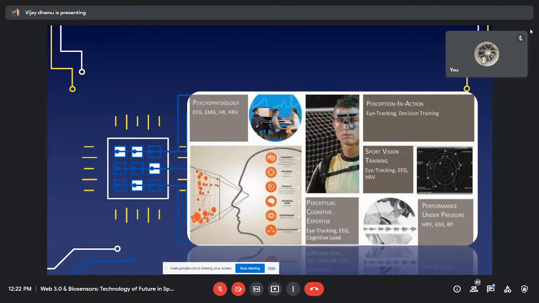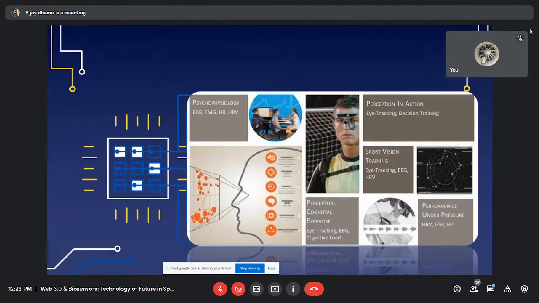So this technology is going to be the future, and it is going to be a very important part of sports science, especially biomechanics, so that we can map and capture an athlete's performance accurately, and give an output with a lot of insight, and the report can be result oriented.